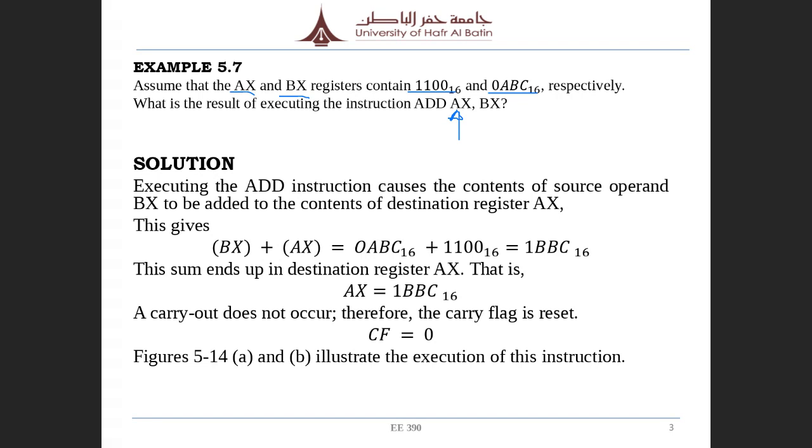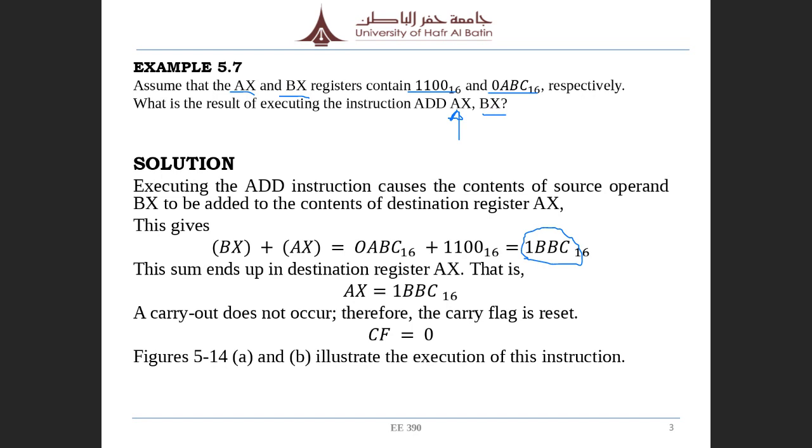After the instruction, AX value will be 1BBC. BX value has no change, because BX is the second operand, also called the source operand.